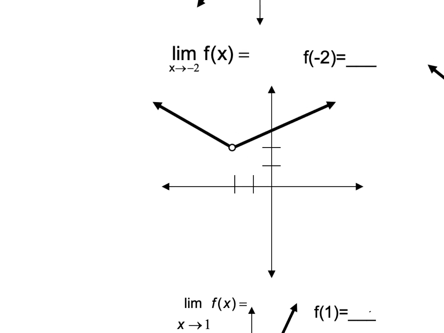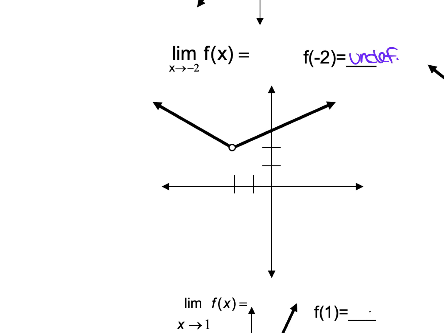Middle one, if I was discussing this graph and I asked you what is f of -2, just like the one above it, you would tell me f of -2 is what? Undefined, because I have no value at f of -2.